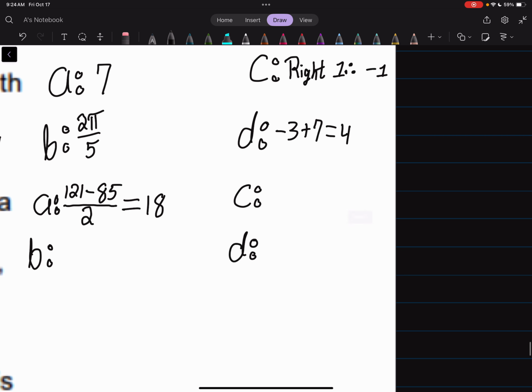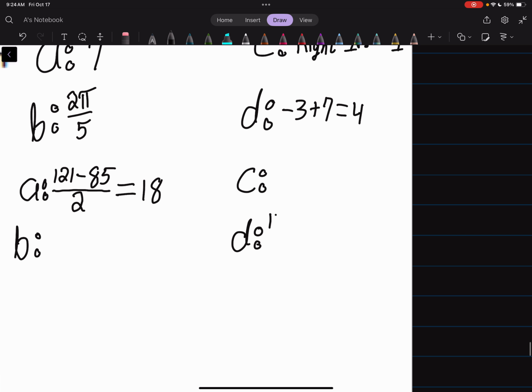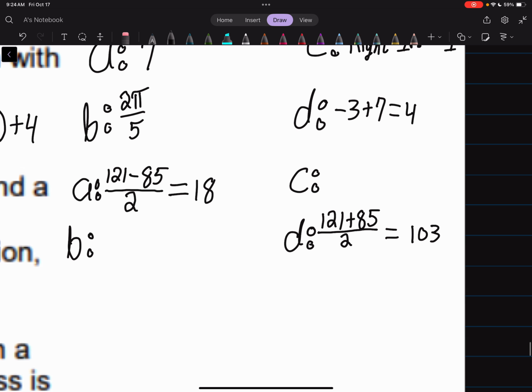This is tied to my d value. Instead of subtracting, though, I want to add 121 plus 85 over 2. That's 206 to give me 103. Or you could have just done 85 plus 18. Really, it's your choice.